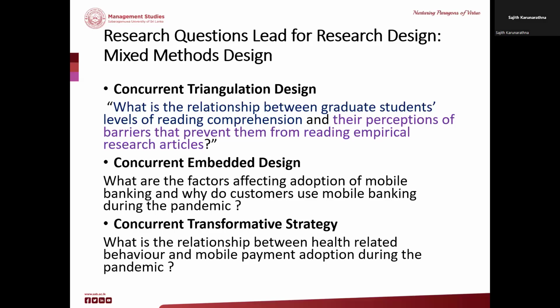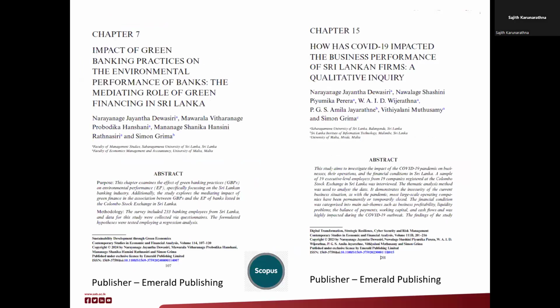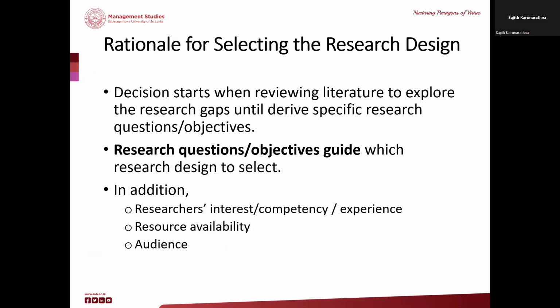So by looking at the nature of these questions, you can simply design what sort of research design is applicable. As I stated at the beginning, the nature of the research questions or the objectives basically guides which design to select.